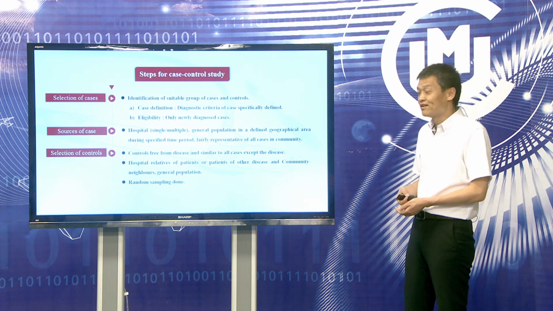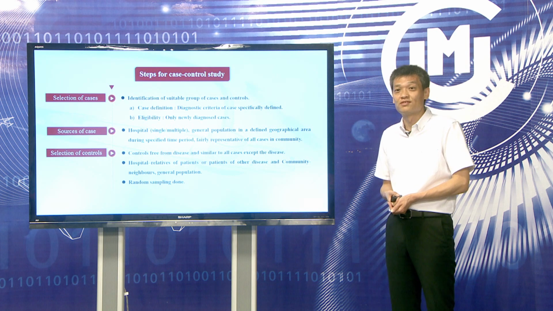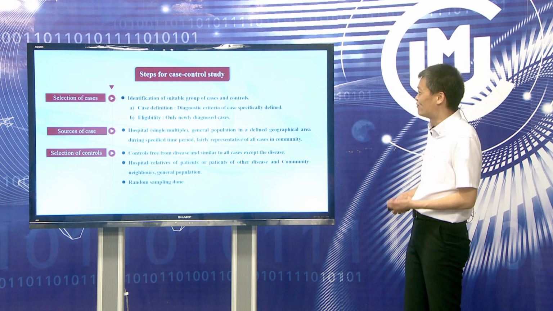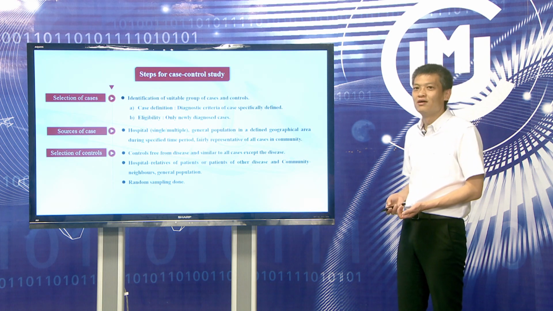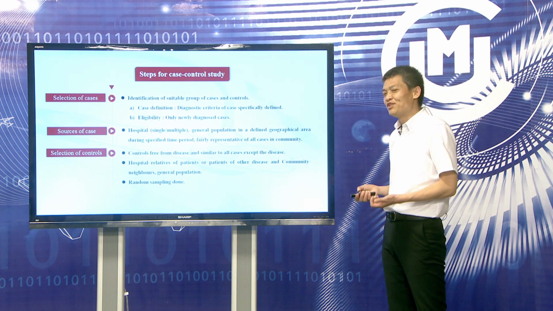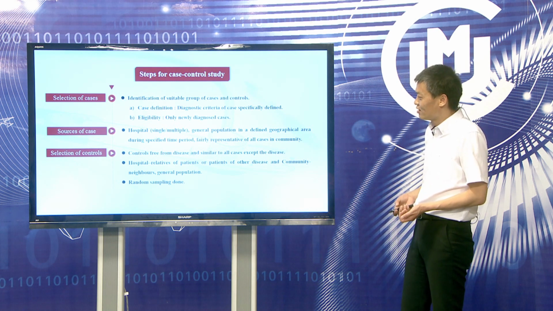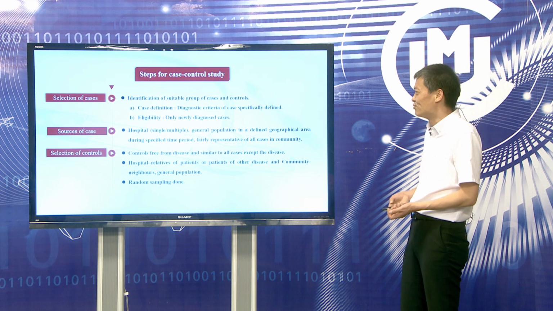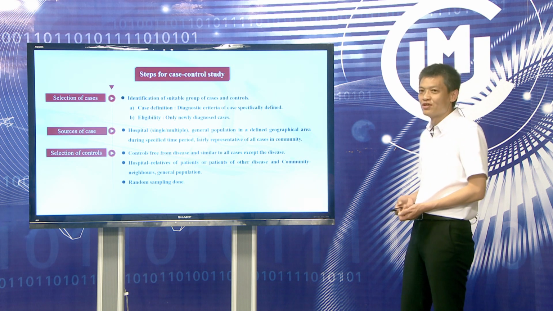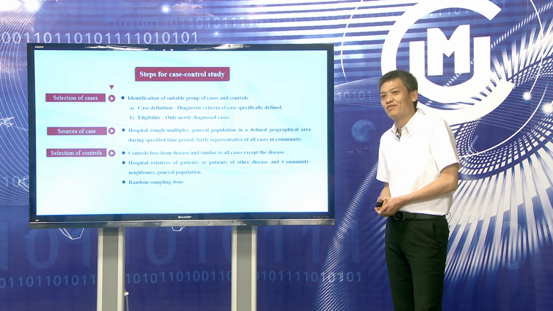And how to select the controls? Controls are very important in a case control study. The controls are free from the disease and similar to all cases except for the disease. For example, hospital relatives of patients are recommended as controls, and also community neighbors and the general population can be considered as controls of cases.